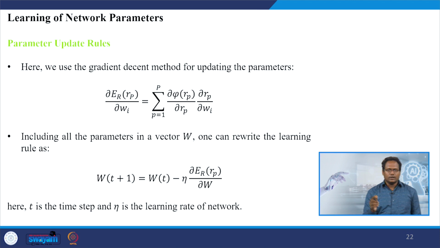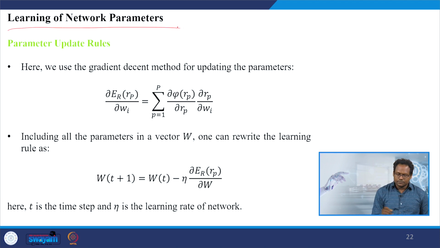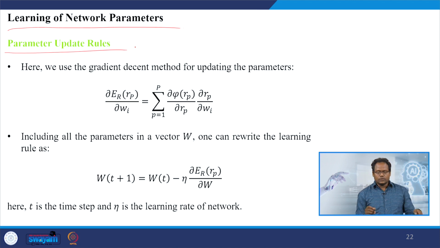Now, coming to the learning of the network parameters, that means the parameter update rules, we use a gradient descent method for updating the parameters, that is dou E_R of R_p upon dou W_i equal to summation over all patterns dou phi of R_p upon dou R_p into dou R_p upon dou W_i, this is the chain rule.